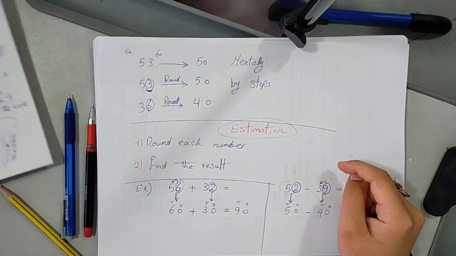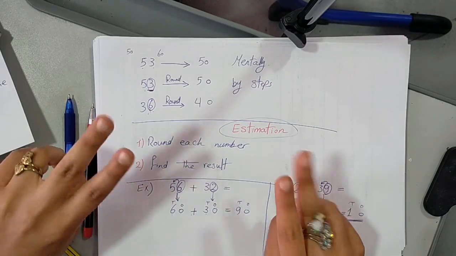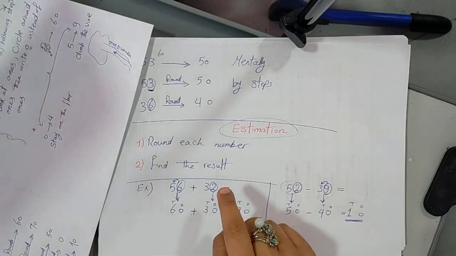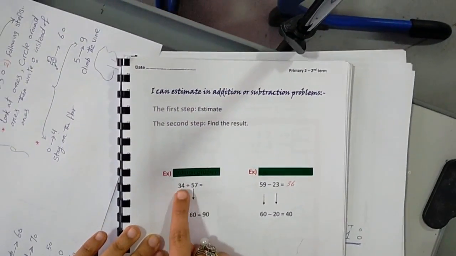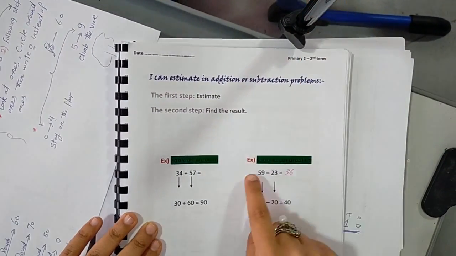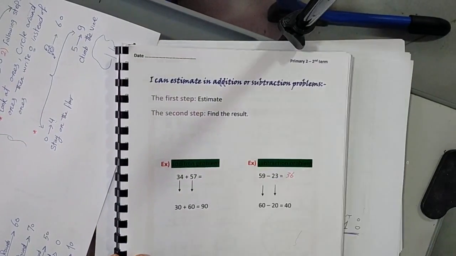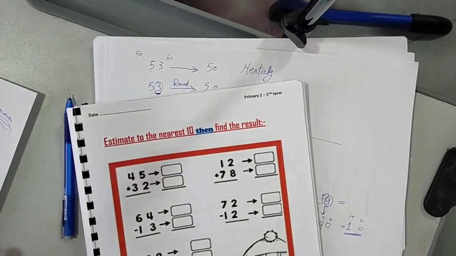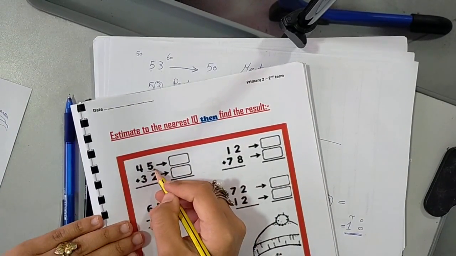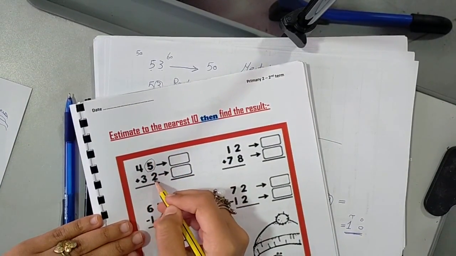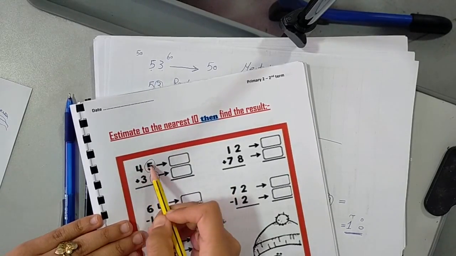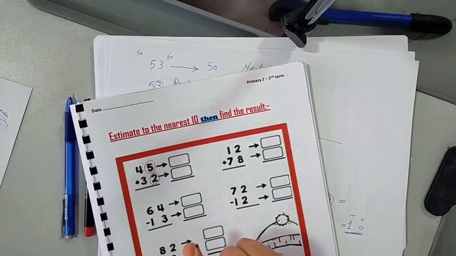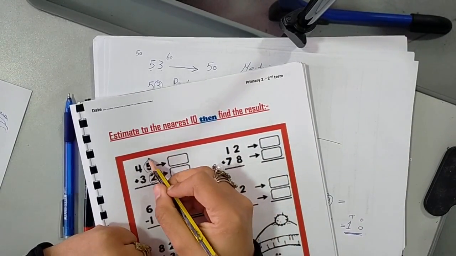The next part. Estimation, two steps. The first step, round each number, and the second step, find the result. Like this, in an addition problem and a subtraction problem. 45, circle around 5 here. 32, circle around 2 here. 45: 5, from 5 to 9, climb the vine, has power to change.